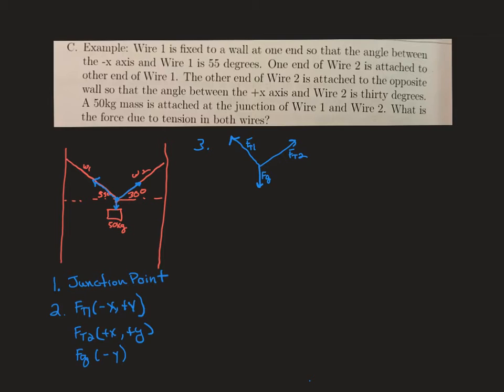And remember, we have to keep x's and y's separate, so force of tension 1 is going to have an x component to it and a y component to it. And so will force due to tension 2.